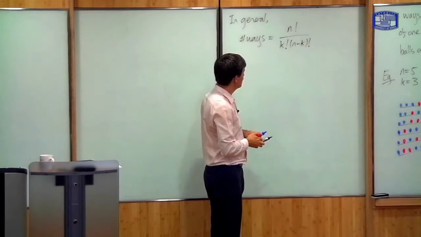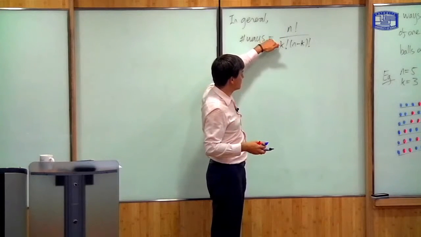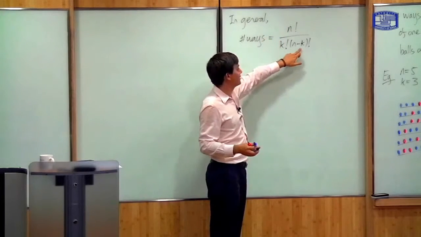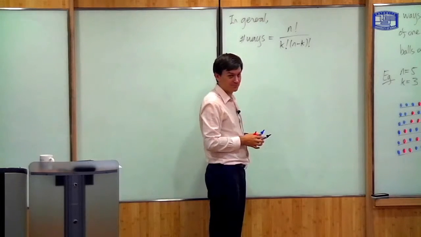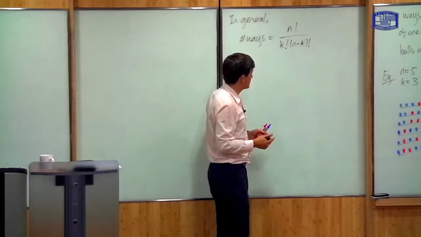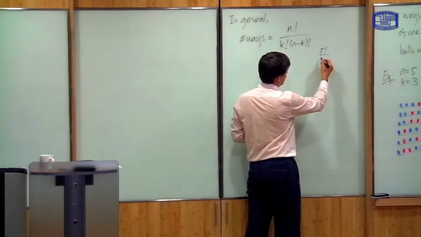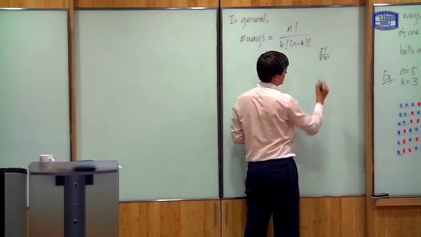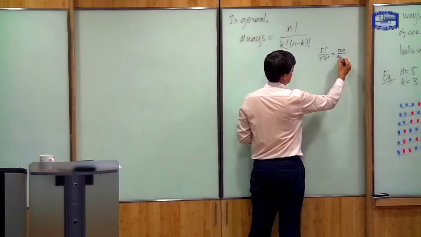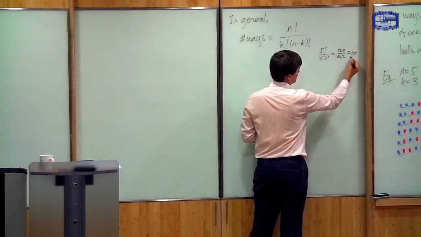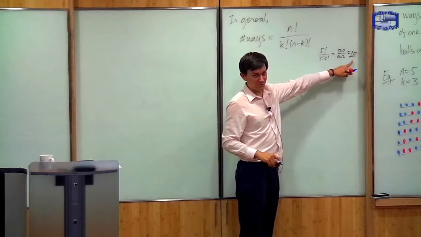So that's the total number of balls factorial divided by the number of blue balls factorial times the number of red balls factorial. So we can check that in our example, we get 5 factorial divided by 3 factorial times 2 factorial. This is 120 divided by 6 times 2, and indeed that is 10. So the formula works for our example.